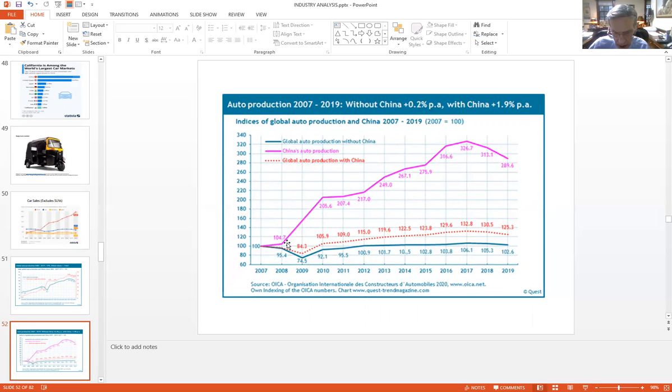And then China's auto production all by itself, and you can see that it's been the growth, the driver of the auto industry for some time. Although the last couple of years, China's auto production has dropped.